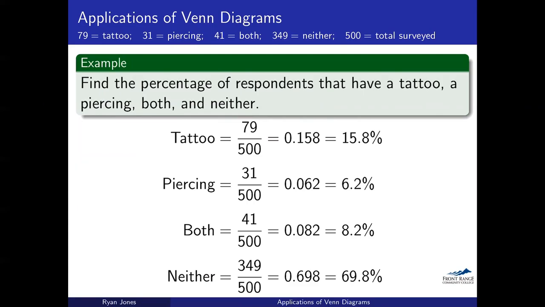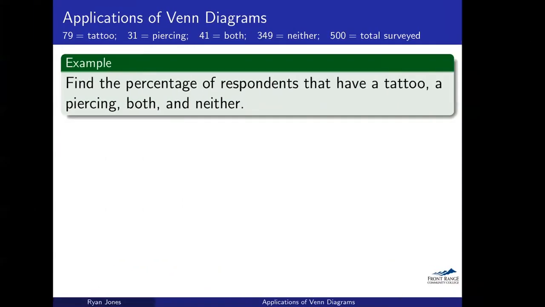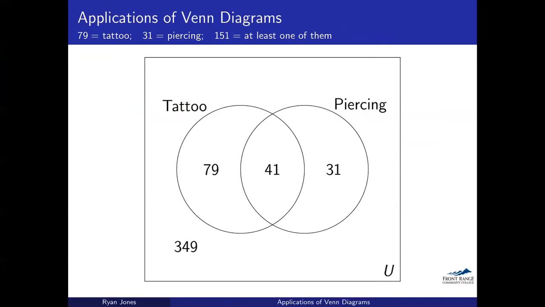For example, to take one of those that I said, we could be asked, how many people have no more than one of these? Well, we know that 79 people have only a tattoo, 31 people have only a piercing, and 349 people have neither of them.